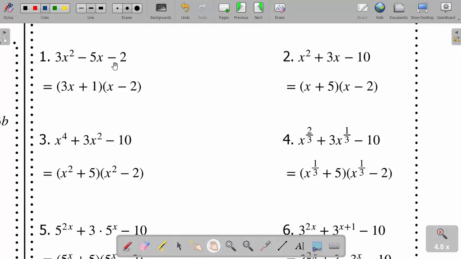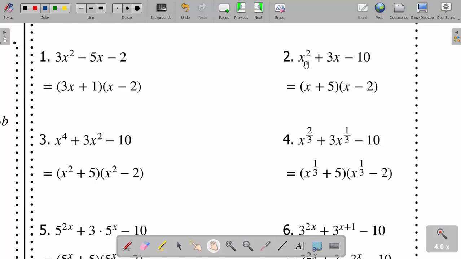If I multiply 3x times negative 2, I'm going to get negative 6. What about 1 times x? I'm going to get positive x. So the negative 6x plus x gives me minus 5x, which is the middle term. Hope you see that as well.